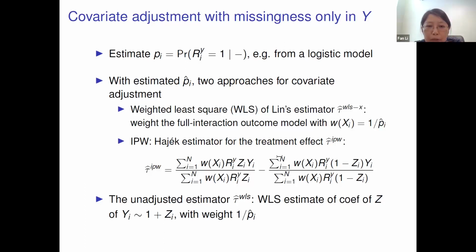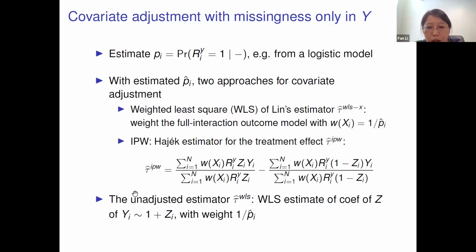Remember previously you can just take the weighted average, the difference of the weighted average outcome. And now you need to estimate, I think there's some mistakes here I wrote, but the point is you can just reweight using IPW. Again, one is to use weighted least squares, the other is purely the weighted Hajek estimator, but that's the idea.